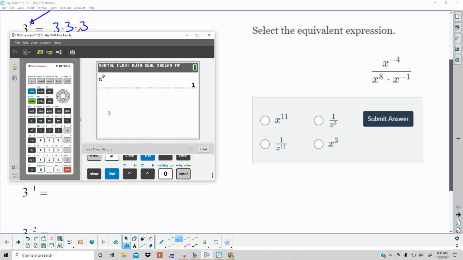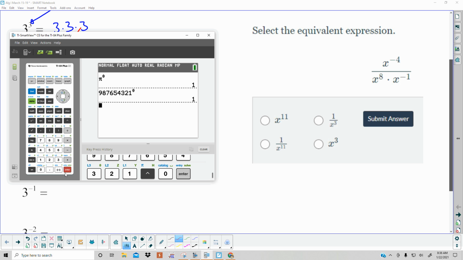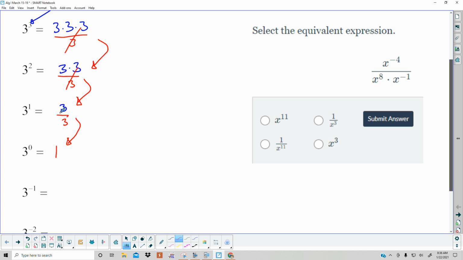Pi to the 0 is worth 1. 9, 8, 7, 6, 5, 4, 3, 2, 1 raised to the 0 power is worth 1. Okay? Except 0. 0 to the 0 it doesn't work. Anything else, it's worth 1. Why? Because of this idea right here, how I explained that.